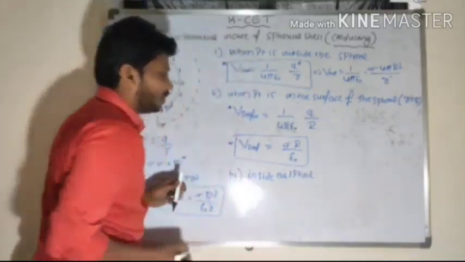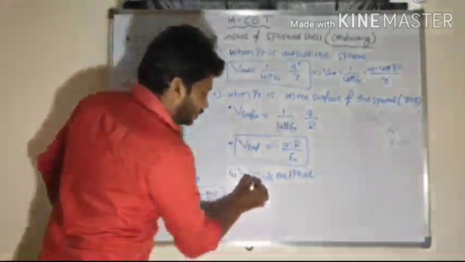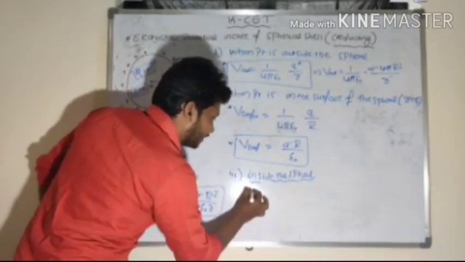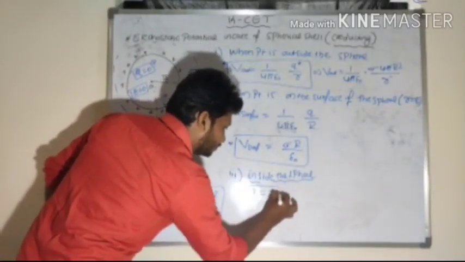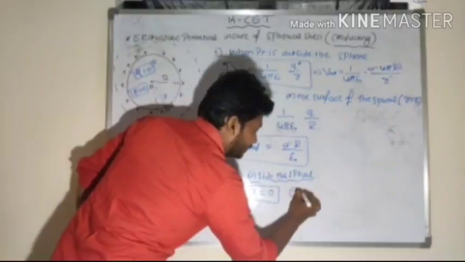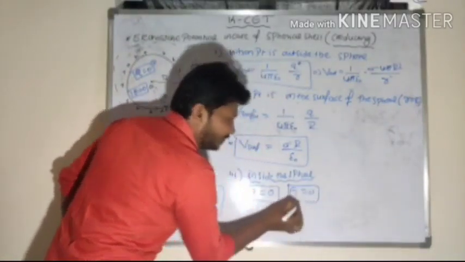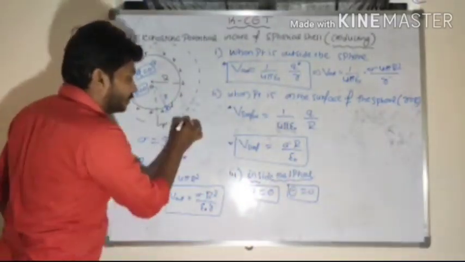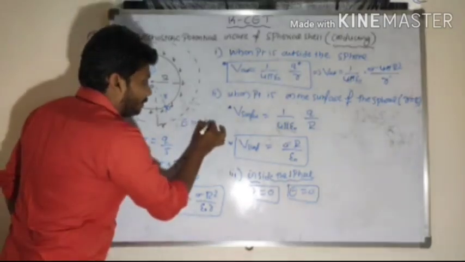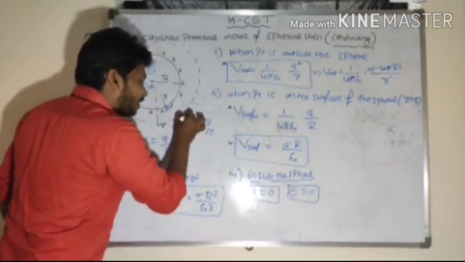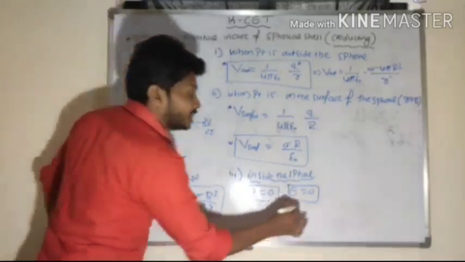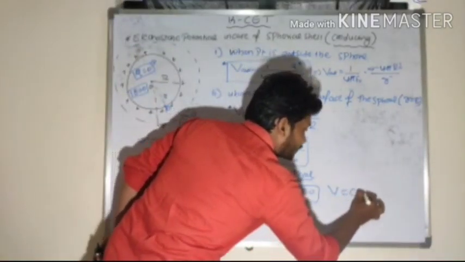So what about the potential inside the sphere? Inside the sphere, charge is equal to 0. If charge is 0, the field is 0 here. From the relation between field and potential, E is equal to minus dV by dr. So if E is equal to 0, V is constant.